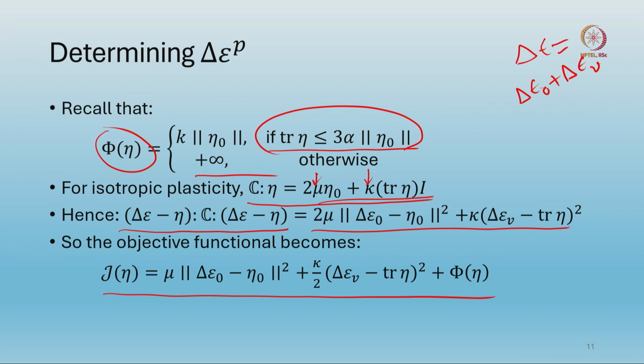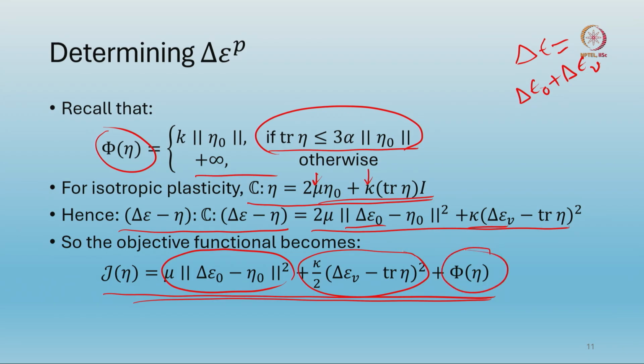Basically, mu is associated with the deviatoric part and kappa is associated with the volumetric part. So we have this clean separation of terms. This is corresponding to the deviatoric part, this is corresponding to the volumetric part, and this is the dissipation potential still lying intact in the expression.